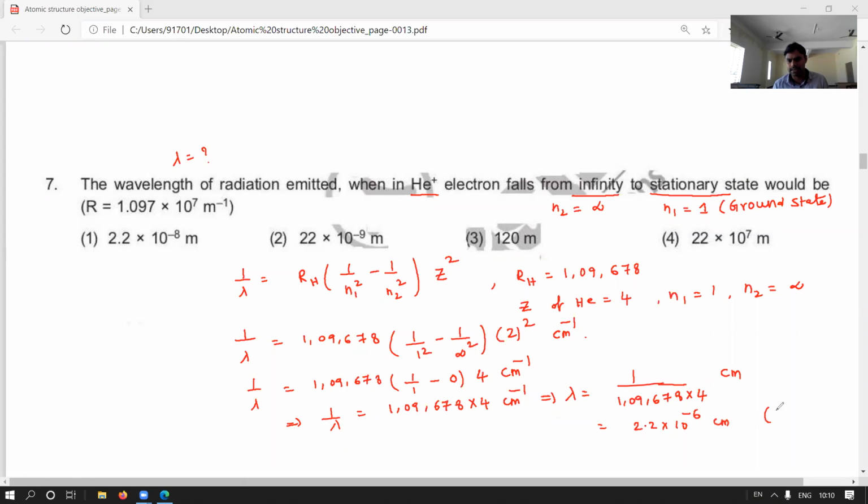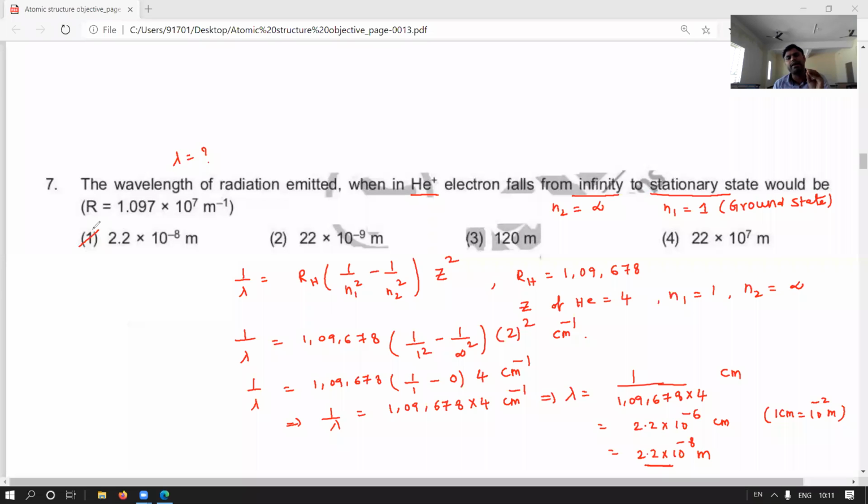And 1 centimeter is equal to 10 to the power of minus 2 meters, we know that. Then this value is 2.2 into 10 to the power of minus 8 meters. So the correct answer is the first one, 2.2 into 10 to the power of minus 8 meters.